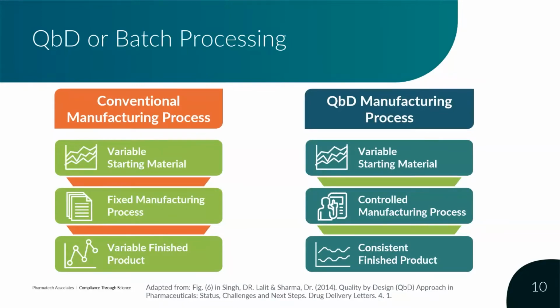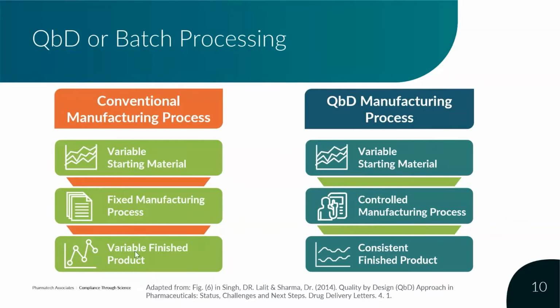Your standard batch manufacturing model uses a fixed manufacturing process, but raw material inputs may be variable. They may be from different manufacturers, different lots, etc. And this is, of course, going to lead to variability in the finished product.